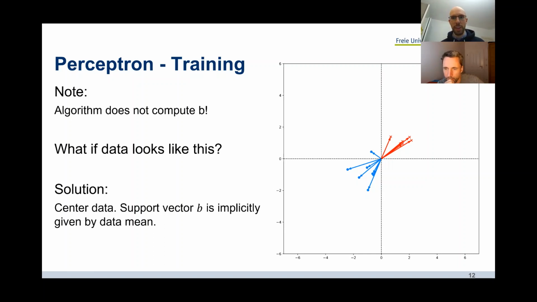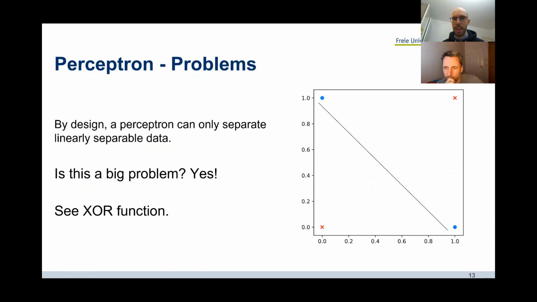Now, to address your second question, what happens if our data is not linearly separable? Is this even a problem? It turns out this is a pretty big problem, and it is actually the reason why people for a long time lost hope on perceptrons.